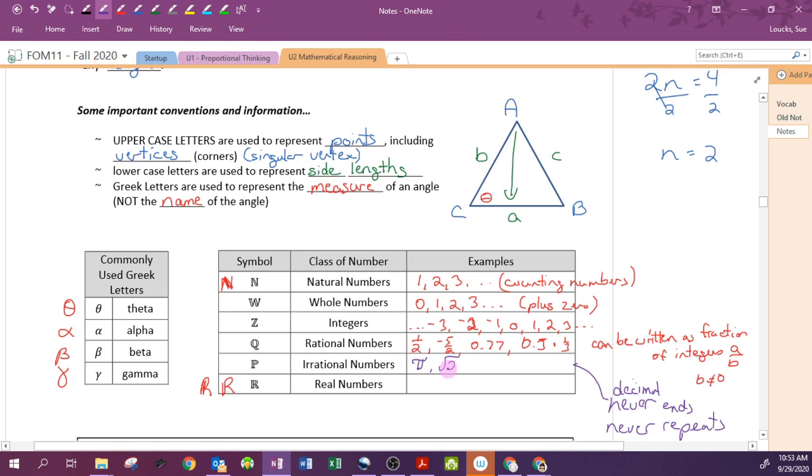No, but the square root of 2. Because 2 squared is 4, so that's actually a whole number. But the square root of 2, okay? Or 1.01001001 dot dot dot to show my pattern is continuing. There's a pattern there, but the number itself doesn't repeat. So that's irrational. Okay? And the real numbers are all of the above.